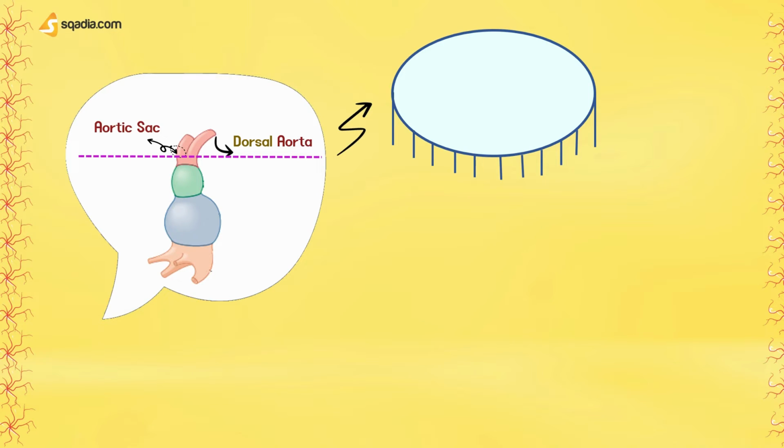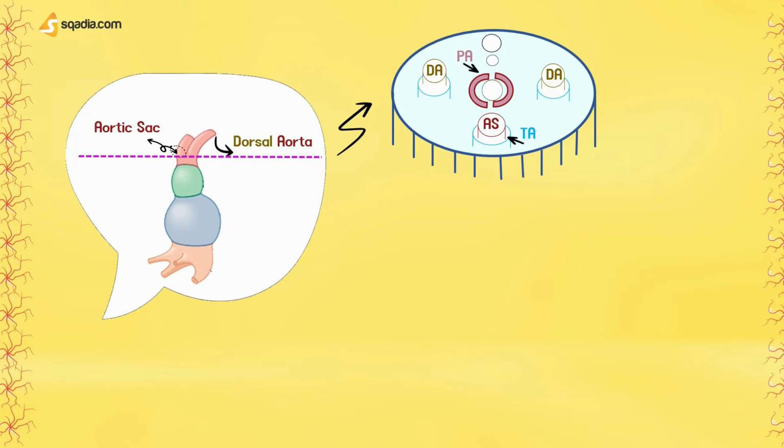So, after the cross-section, we know that this is the ectoderm. This is the endoderm. This is the truncus arteriosus. This is the aortic sac. This is the dorsal aorta. This is the neural tube. This is the notochord.